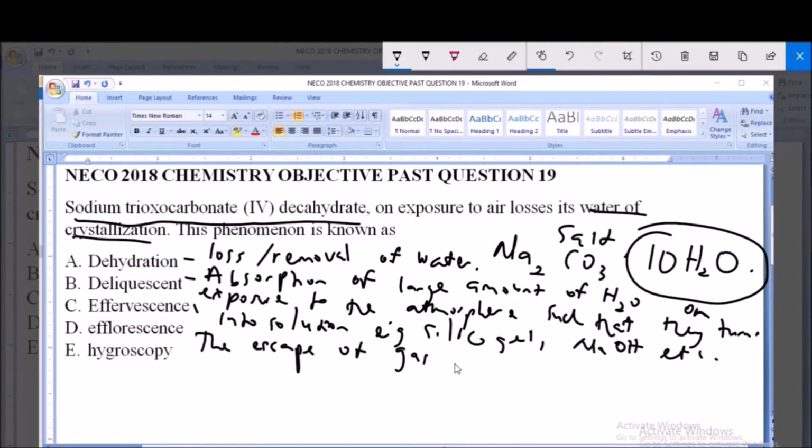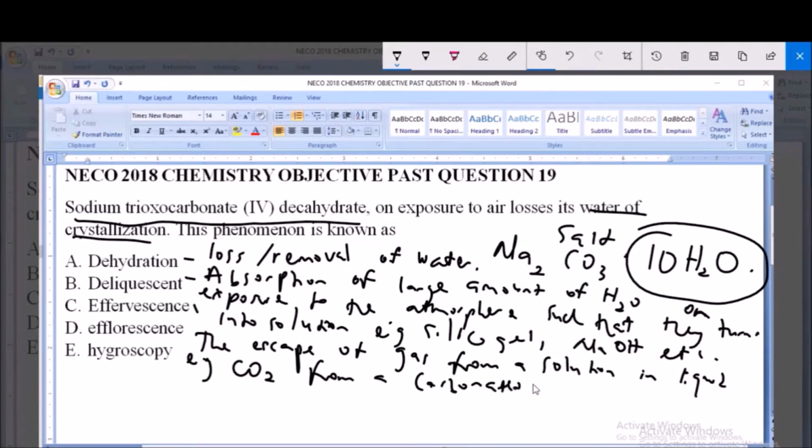of gas from a solution in liquid. A good example is when carbon dioxide bubbles escape from a carbonated drink. So that is effervescence.